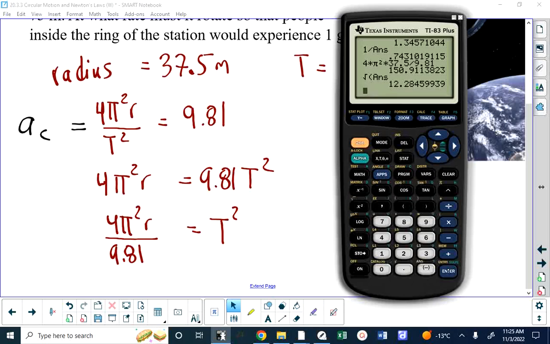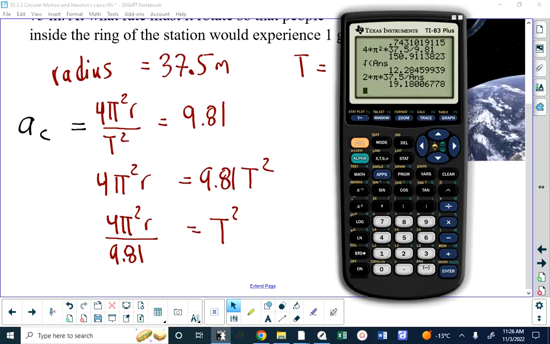12 seconds. And that, to me, is initially surprising because you think, 12 seconds? That doesn't really seem like it would be moving fast enough. But if you go 2 times pi times the radius divided by that time, you're moving at almost 20 meters per second.